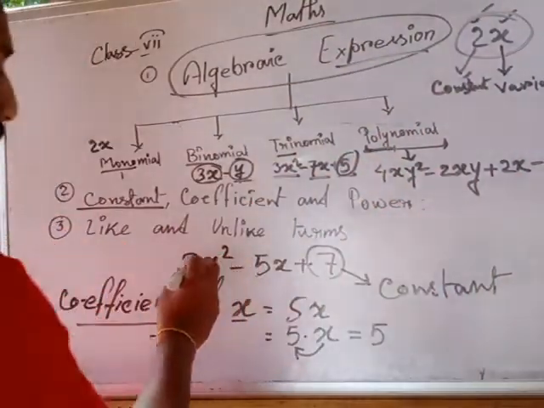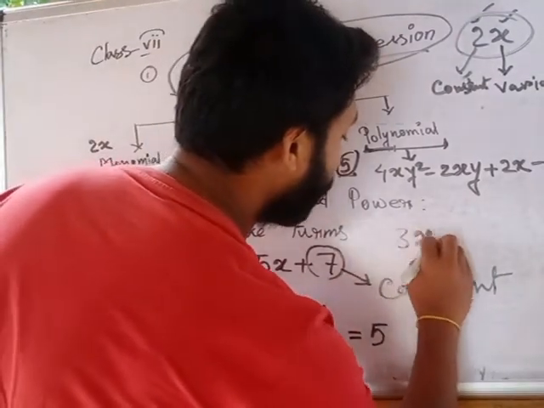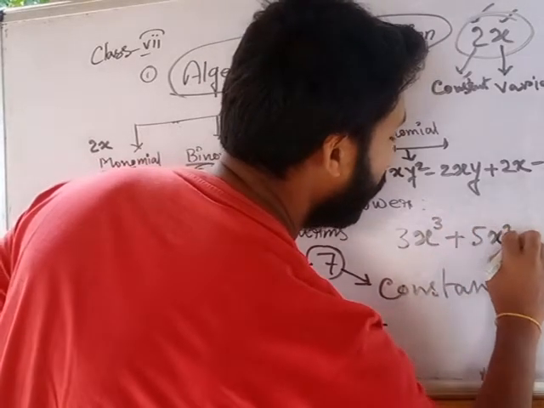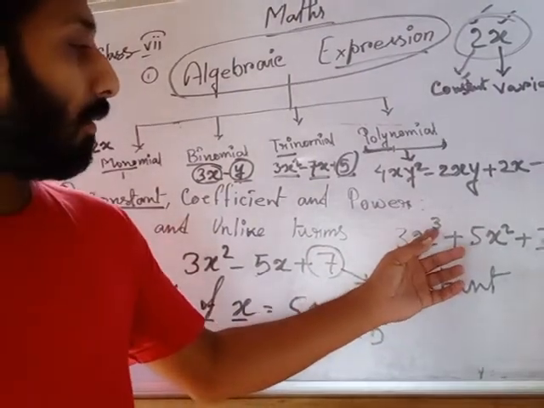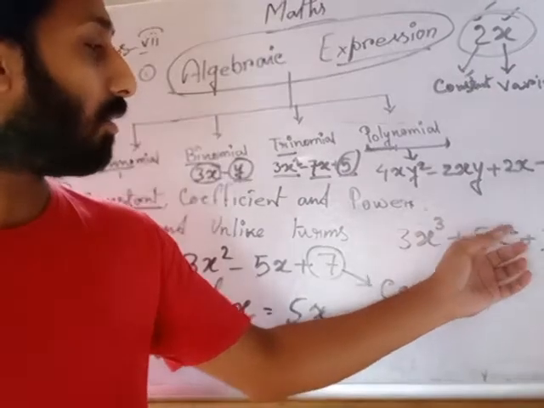And what is power? Power or degree is the same. Suppose it is 3x cubed, 5x square and 3. This is the power, which belongs to the variable x or y.